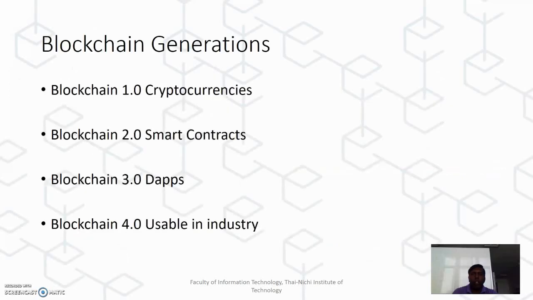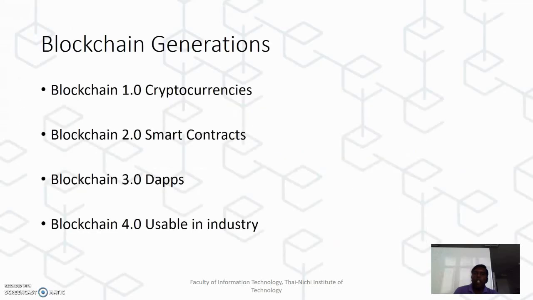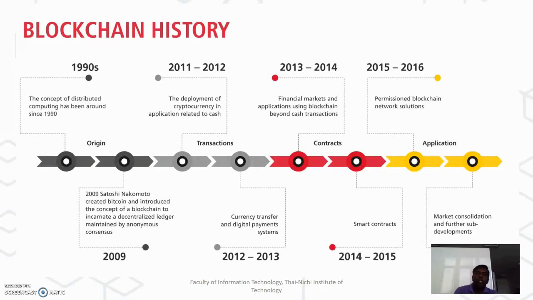So it is still growing, and it has some generations: blockchain 1.0, 2.0, 3.0, and 4.0. 1.0 is where Satoshi Nakamoto's white paper came out, and it gave rise to Bitcoin. And smart contracts, you can see, from 2013 onwards we started using smart contracts, and 3.0 is the distributed applications, from the year 2015.